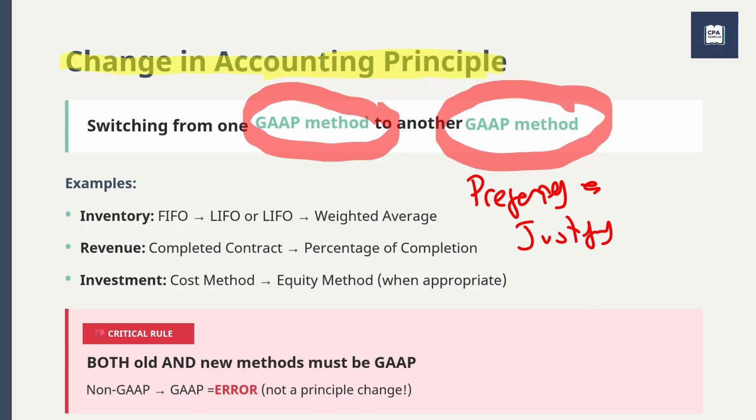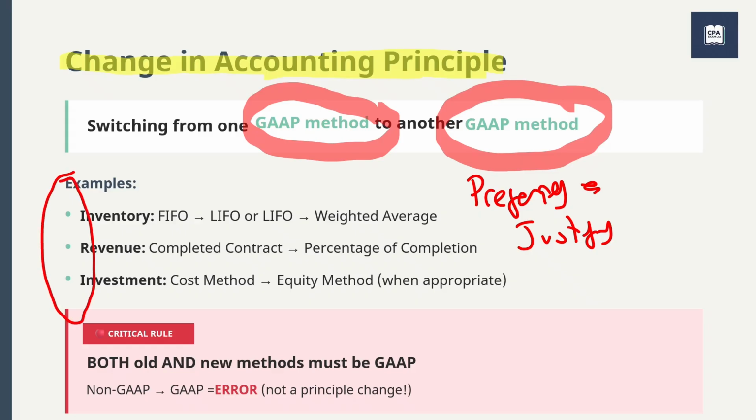Or for revenue, maybe previously the company was using the completed contract method, and then later they change it to percentage of completion and they're able to justify it. Or for investment, for example, they were previously using the cost method and now it is appropriate to use the equity method. They are all considered change in accounting principle.